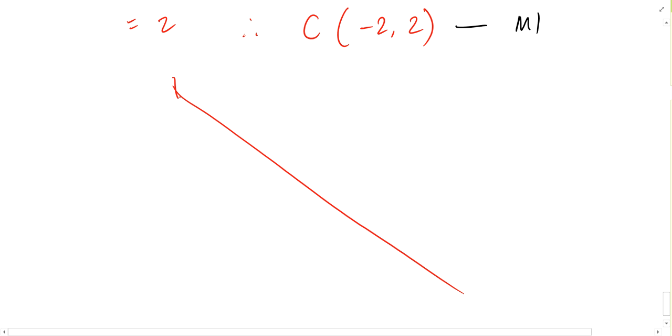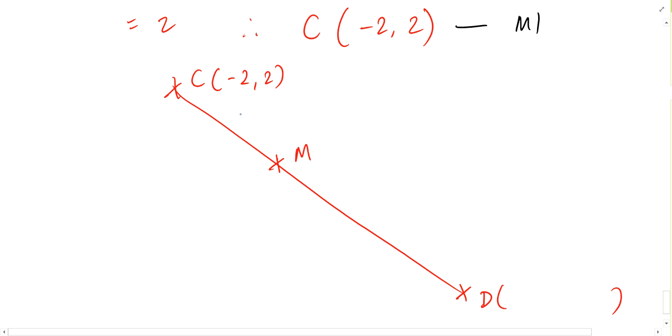So next, I'm gonna sketch out quickly. This is point C, negative 2, 2. Then we've got point D, which we do not know. But we do know that M is the midpoint and 2 CM equals to MD.